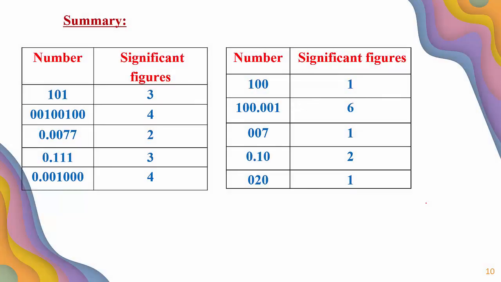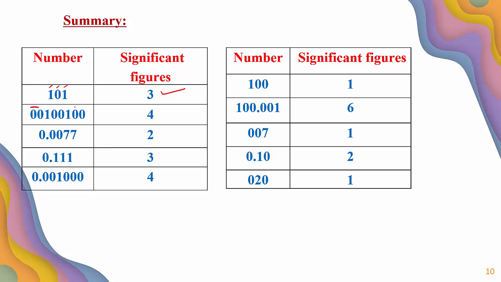Right? Now, in general, I have given some examples. The number is 101. This 0 lies between two non-zero digits. So totally there are 3 significant figures. Here, how many significant figures are there? The number given is 001001 00.